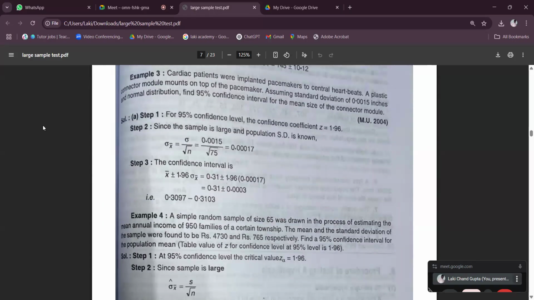This question is incomplete, because without the mean and the number of samples you cannot determine it. But in the solution, you can see the sample mean is taken as 0.31 and the number of samples is 75, but it is not given in the question. I think the question is incomplete.